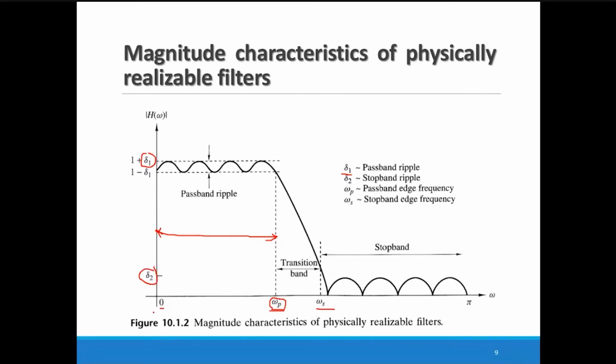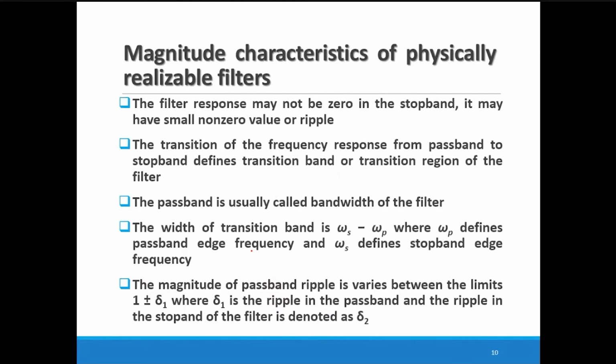So the difference between the lower value of frequency FL and the higher value of frequency FH, or in terms of omega, omega H the higher frequency and omega L the lower frequency, the difference between omega H and omega L gives you the pass band bandwidth. That is, the pass band is usually called the bandwidth of the filter.